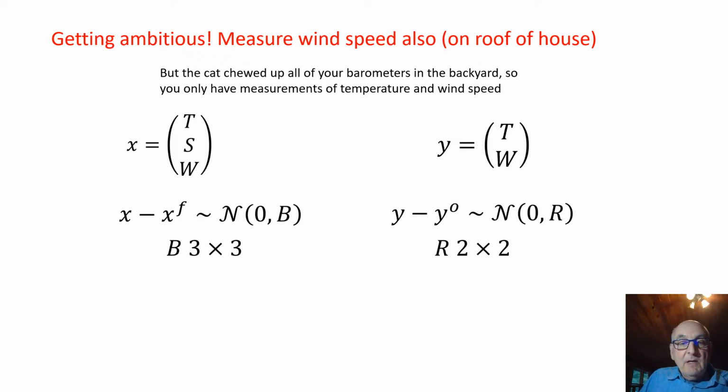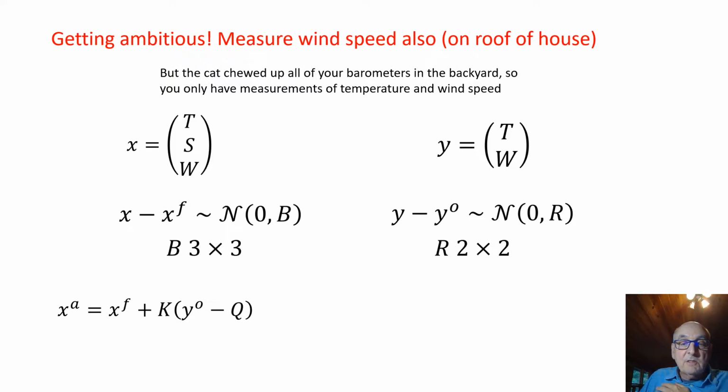We might expect again that XA, the analysis state, is the forecast plus some multiple of y0 minus something. Well, that something has to be related to the forecast, so we have to figure out how, because you're going to subtract it from y0, so that's got to be a 2-vector, not a 3-vector.